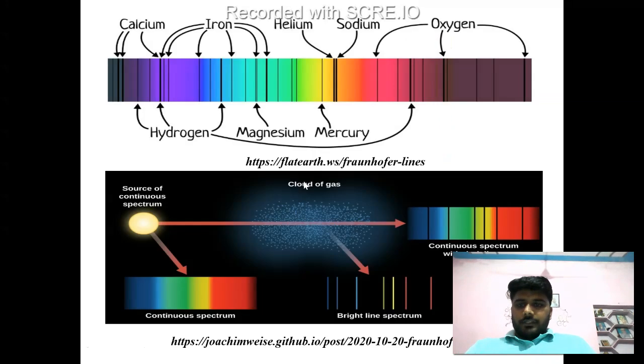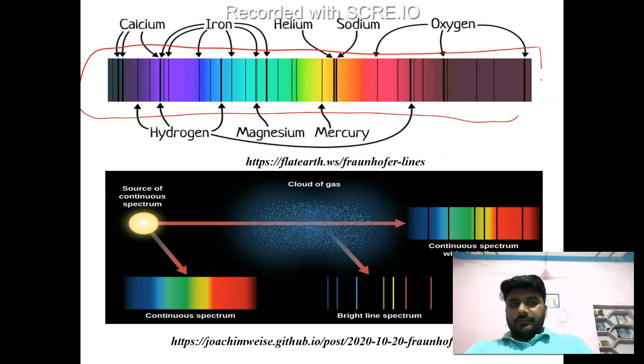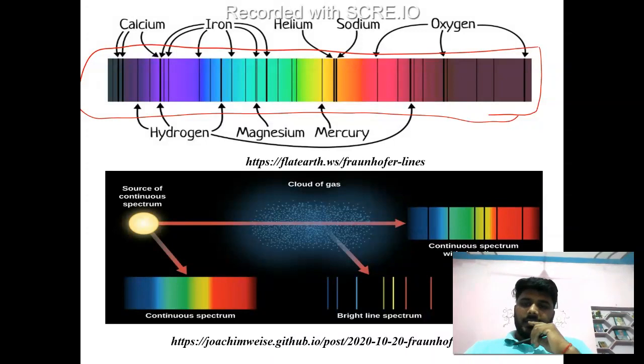So these patterns you can see here. There are some dark lines corresponding to different elements, that is oxygen, sodium, helium, iron, calcium, etc. For specific wavelengths, you can observe these dark lines. So what is the phenomenon?